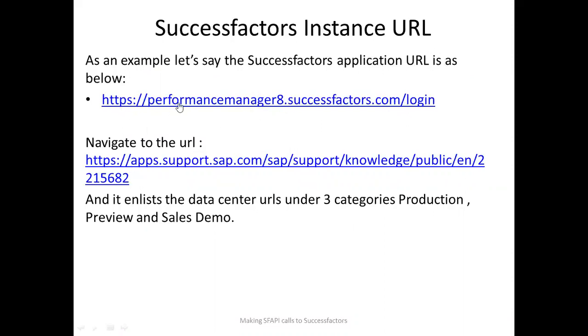In order to know what the data center URL is for this particular SuccessFactors instance application URL, we can navigate to this particular URL as shown on the screen here, which basically points to an SAP public note, and it lists the data center URLs under 3 categories: production, preview, and sales demo. Just hold the thought.